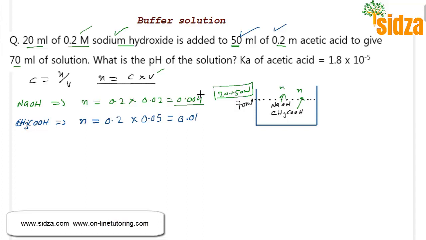Now the number of the moles of the sodium hydroxide is 0.004 and the acetic acid is 0.01. So we have more acetic acid and a smaller number of moles of the sodium hydroxide.